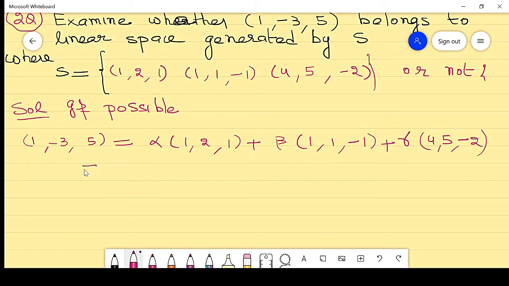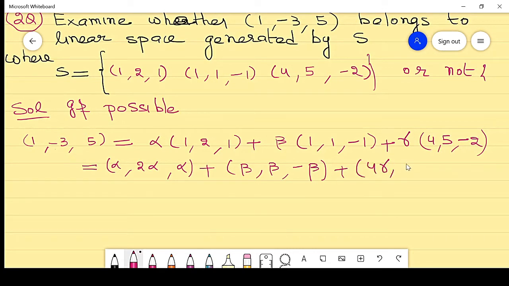So in the first step we have alpha, 2 alpha, alpha; beta, beta, minus beta; and third 4 gamma, 5 gamma, minus 2 gamma.